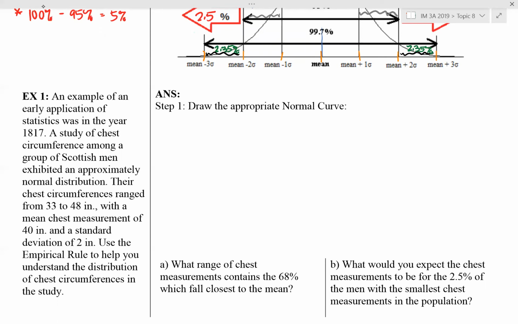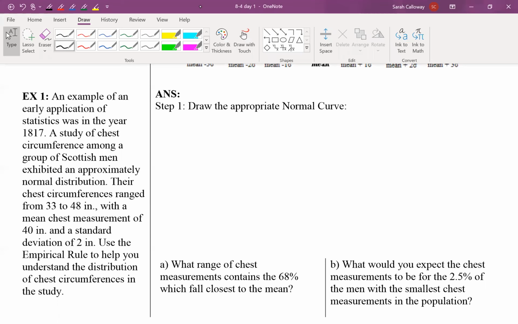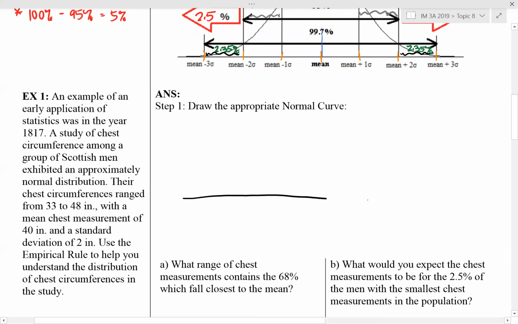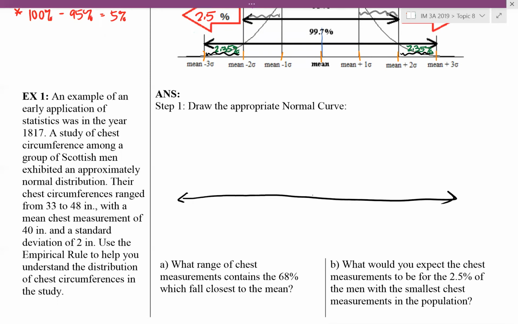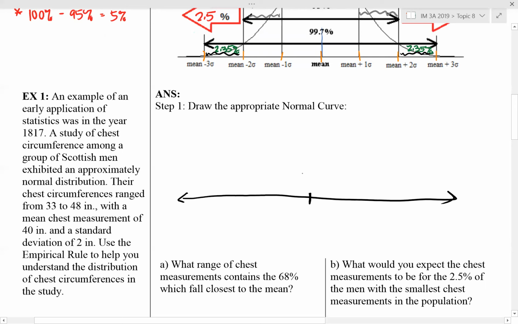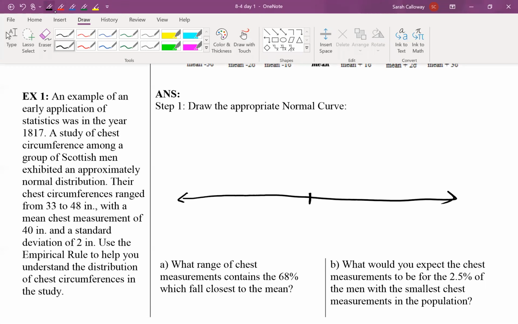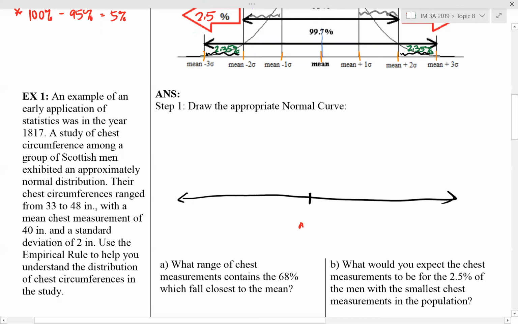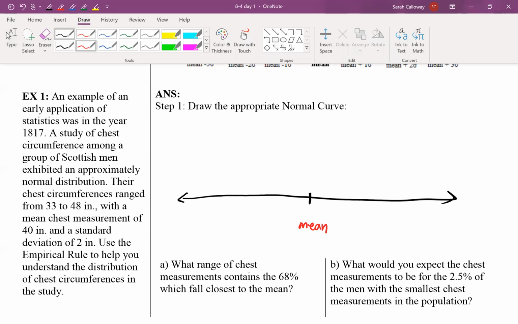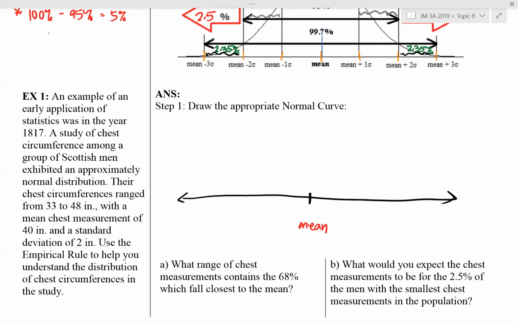When drawing a normal curve, we're going to draw a number line. That number line is always going to have 7 lines. The middle line represents the mean of the data. To find the other lines, I'm going to add and subtract the standard deviation multiple times.